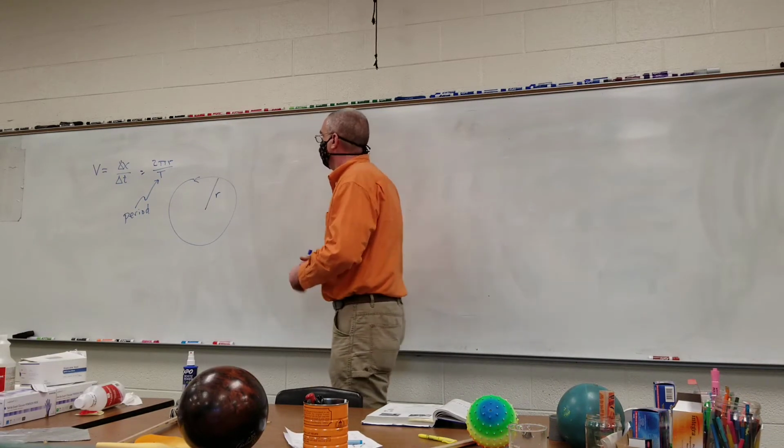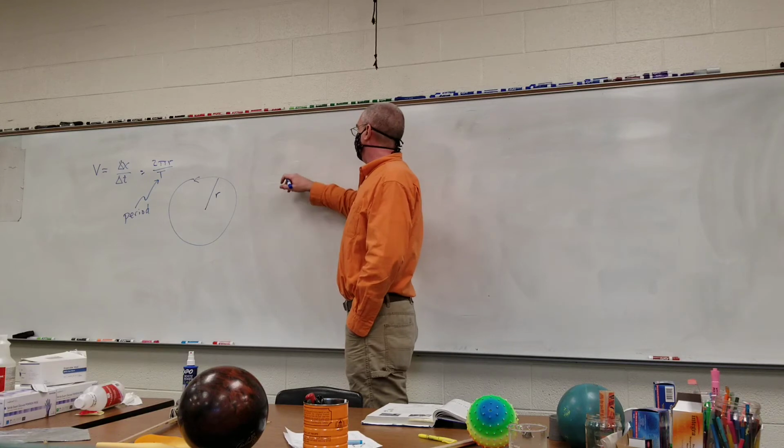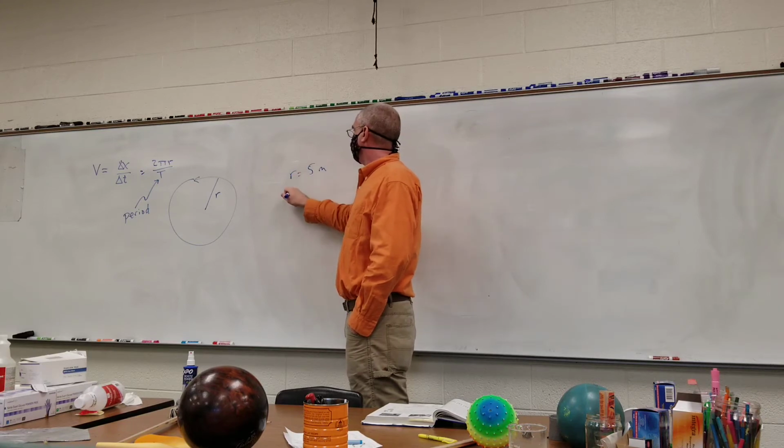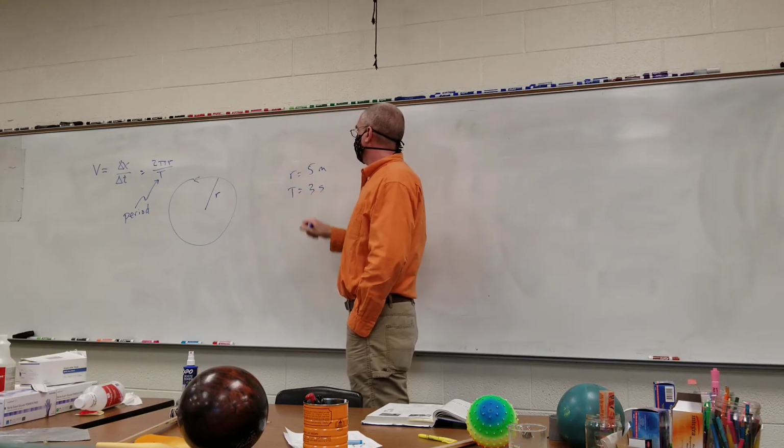All right, so let's just do a quick example here, and you did it in the lab, but let's say you're traveling in a circle with a radius of 5 meters, and it takes 3 seconds to do it.